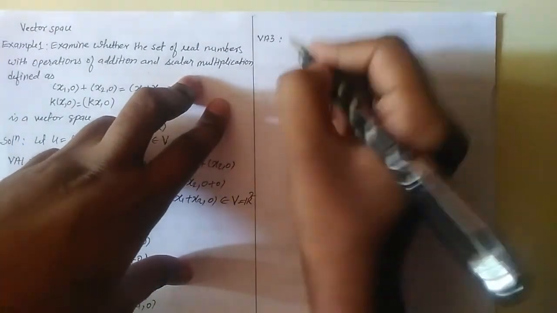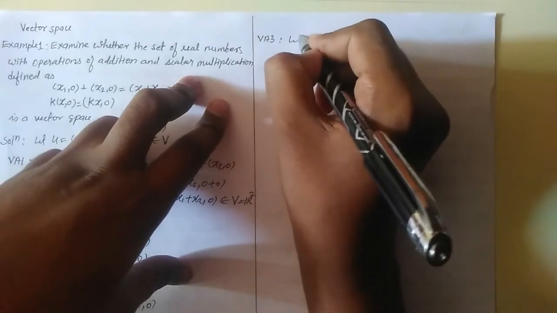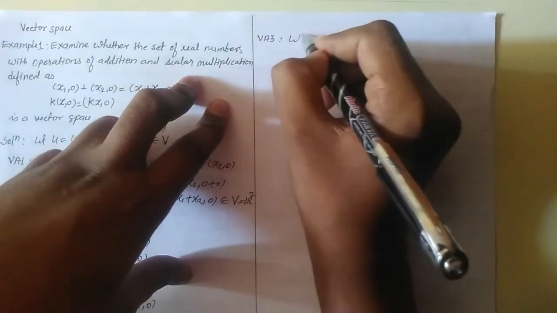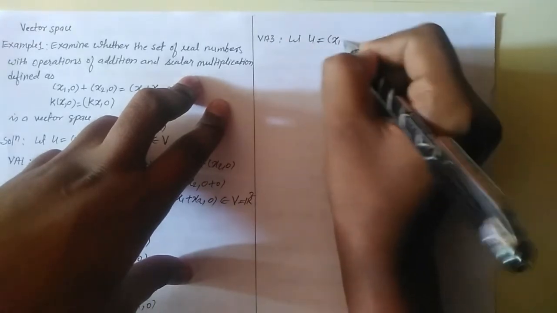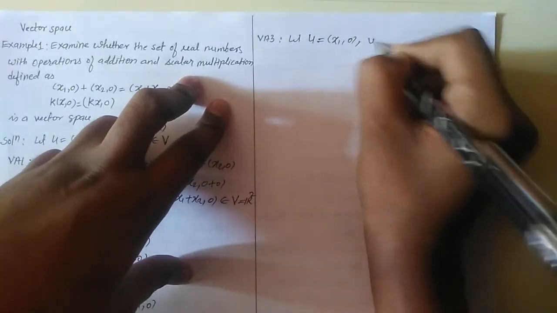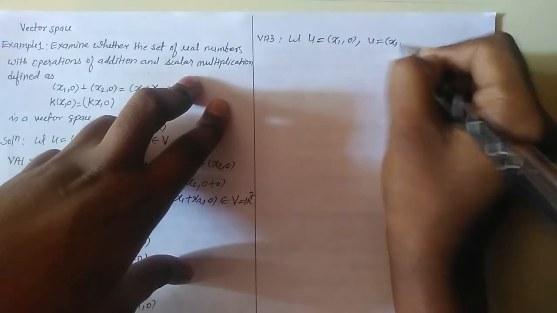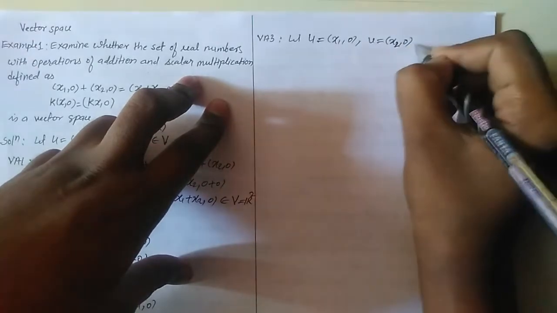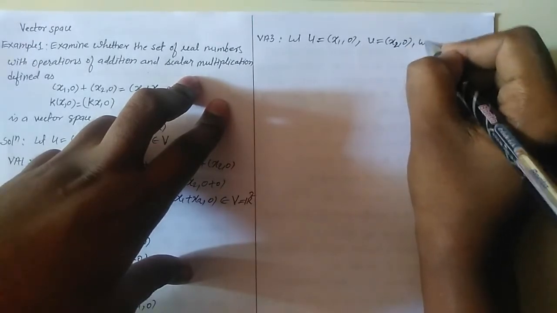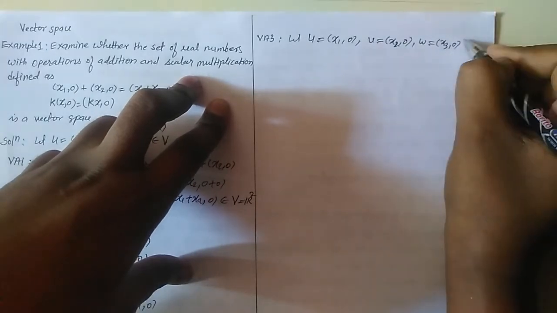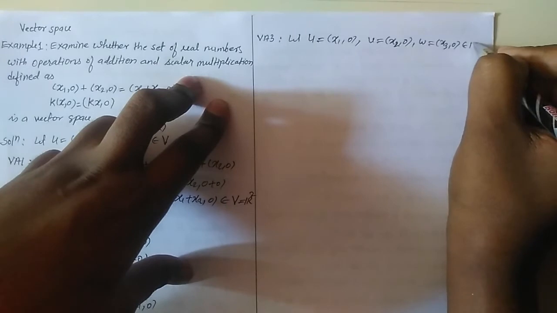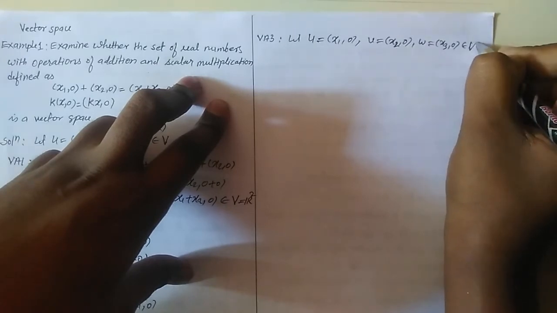So the commutative property holds. Now the next one, associativity of vector space. Let us check associativity. Let u = (x1, 0), v = (x2, 0), and w = (x3, 0), elements of V, that is R2.